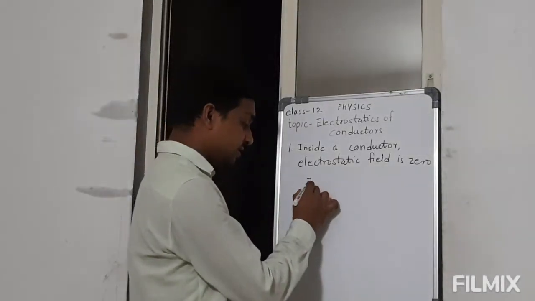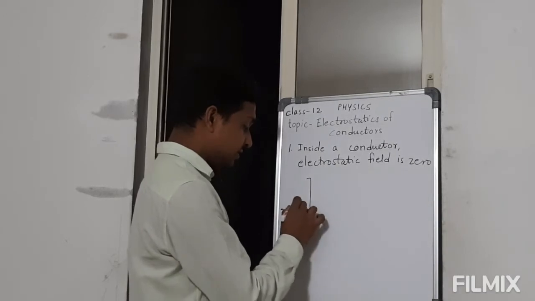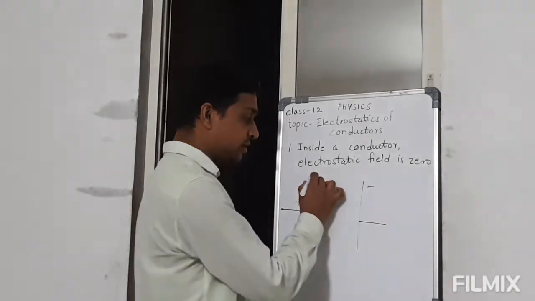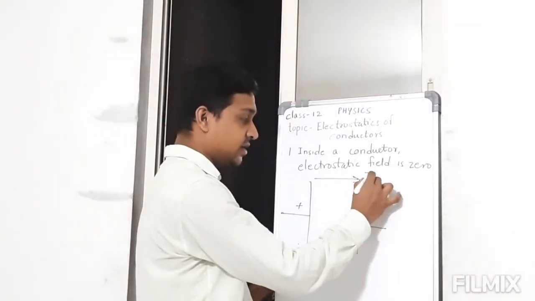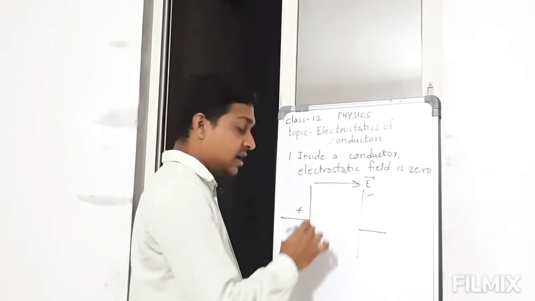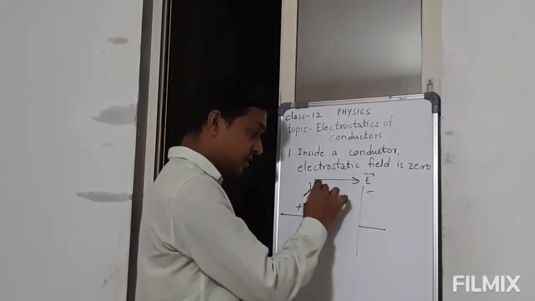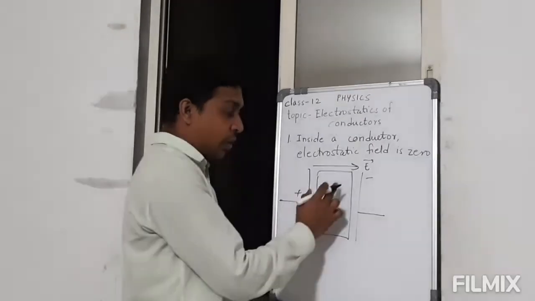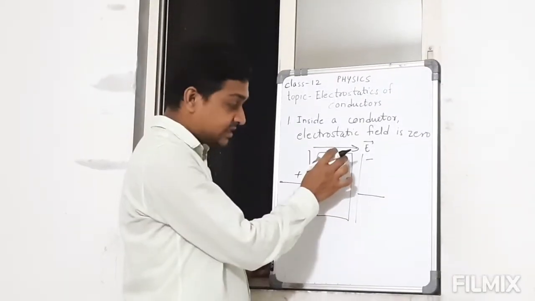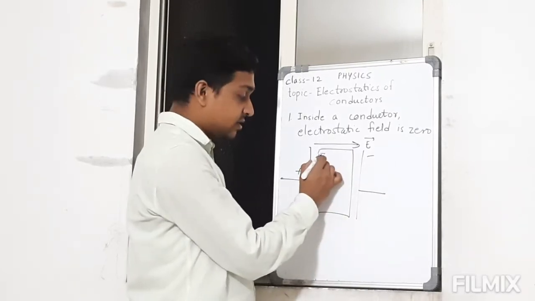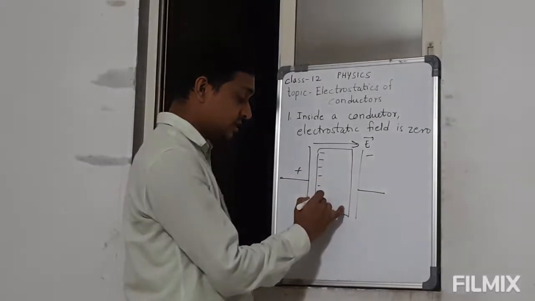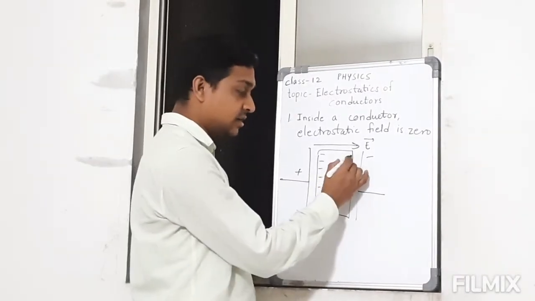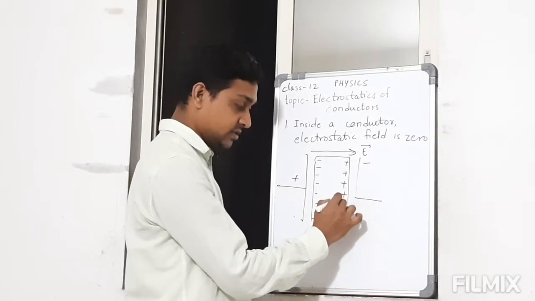So we can consider an electric field between two plates, from positive to negative. It is in this direction, and in that electric field, if we place a conductor in it, then because of the conductor, all the negative charges inside this conductor will gather to this side. If negative charges, meaning electrons, are moving to this side, here it will remain a positive charge.